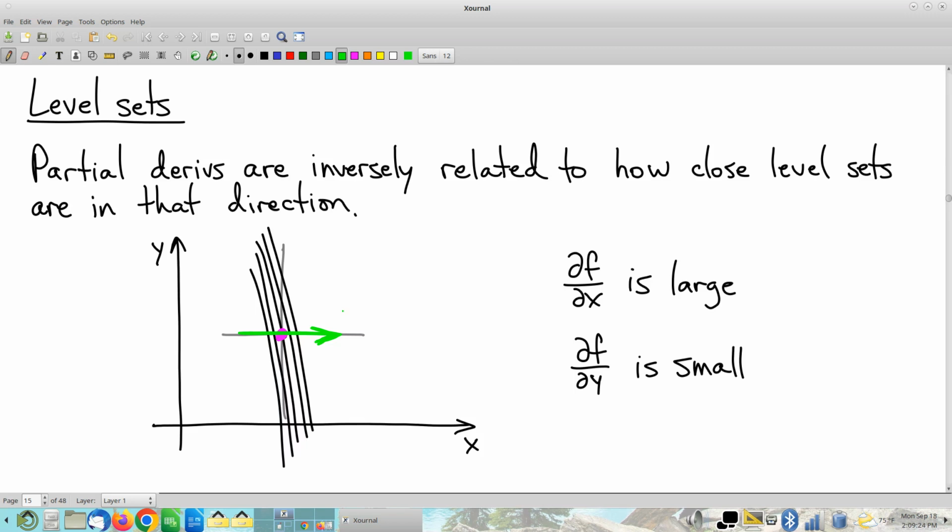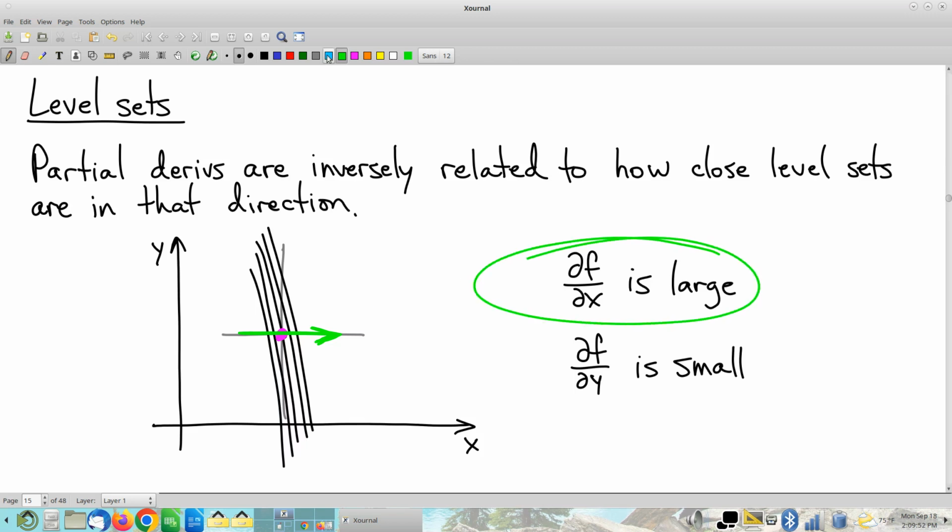Let's look at this green arrow: what's my experience going to be if I hike in the direction of that green arrow? At a glance, it looks pretty steep, right? I cross two whole contour lines. Let's say each contour line is 100 feet. I gain 200 feet of altitude over a very short distance. That looks steep, right? So loosely speaking, the x partial is large.